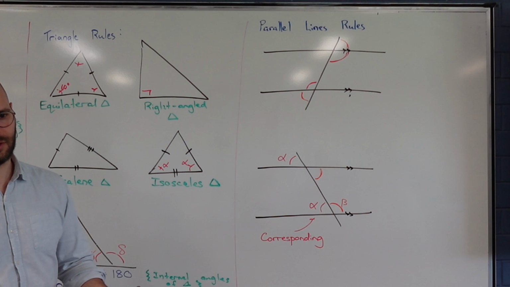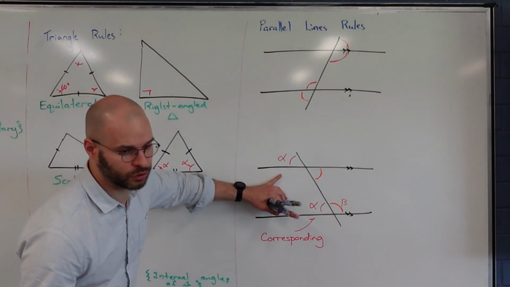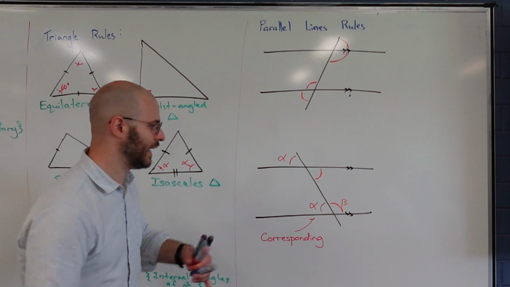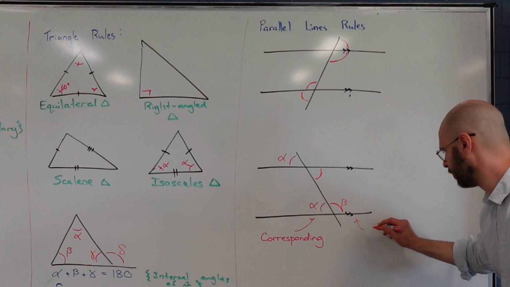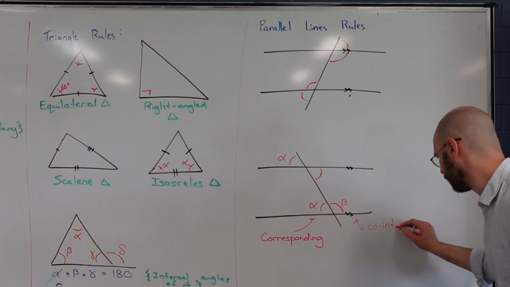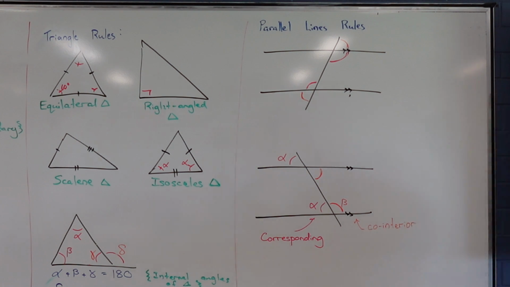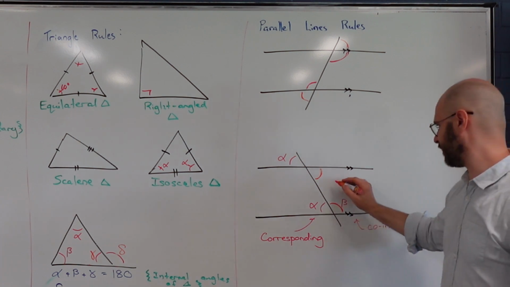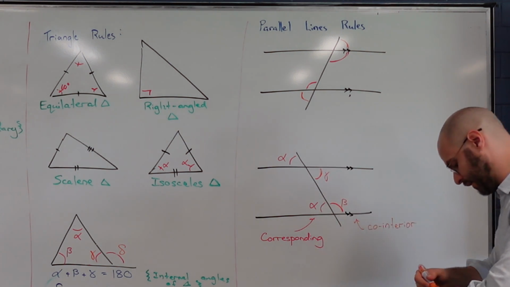Now, a supplementary relationship described across two parallel lines has its own name. We call it cointerior. So the cointerior relationship, if this is beta, we'll call this gamma.